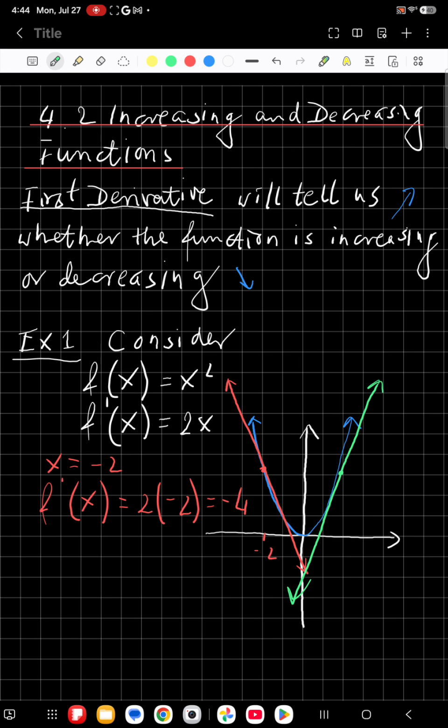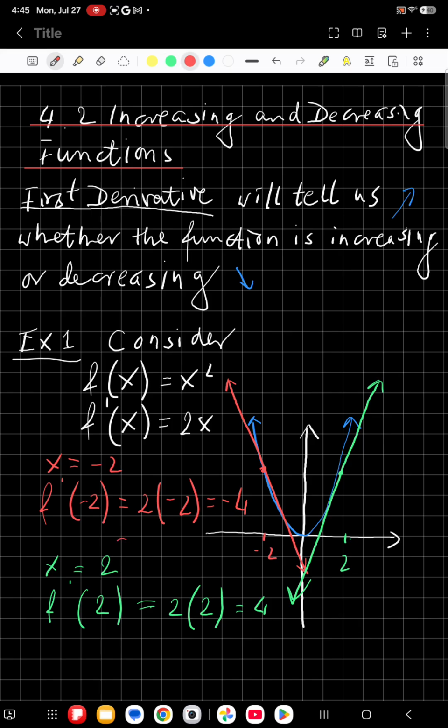And then for positive 2, so x equals positive 2. Let me change that. So f prime of negative 2 is negative 4. F prime of 2, we'll have 2 times 2, so that's 4. So the function is increasing.